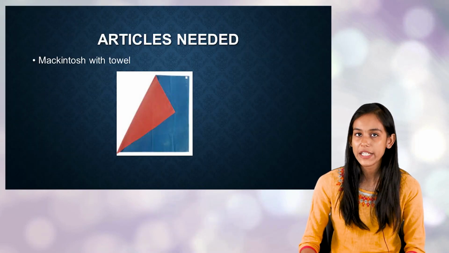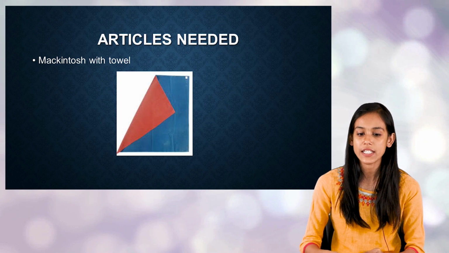So the next thing: to insert the nasogastric tube, or to do this procedure, we need certain articles, right? So next we will be discussing the articles needed for nasogastric tube feeding. First we need a Macintosh with a towel.